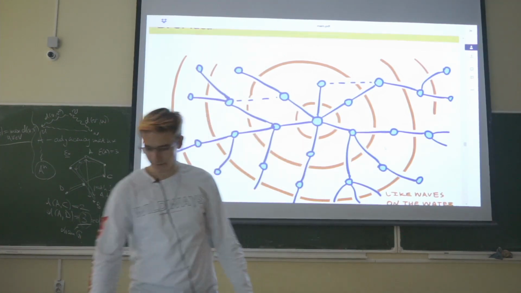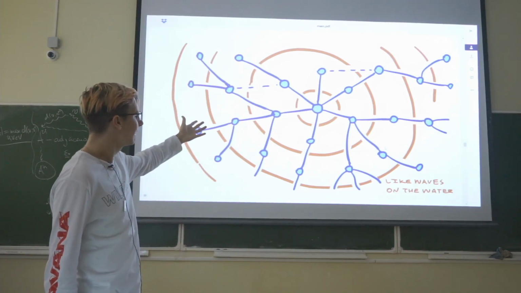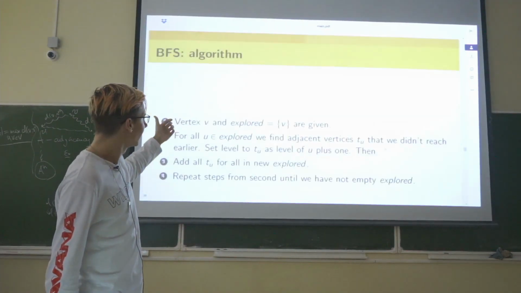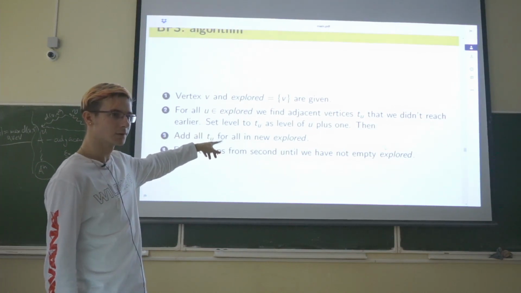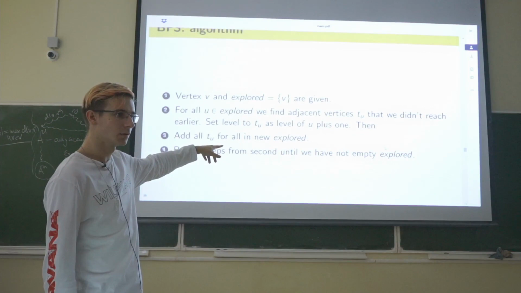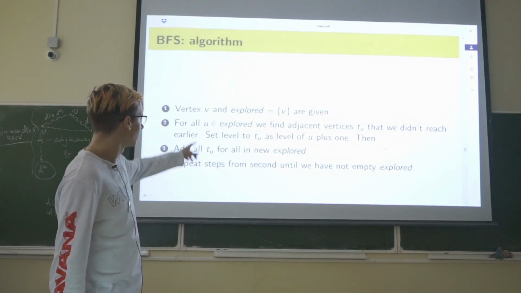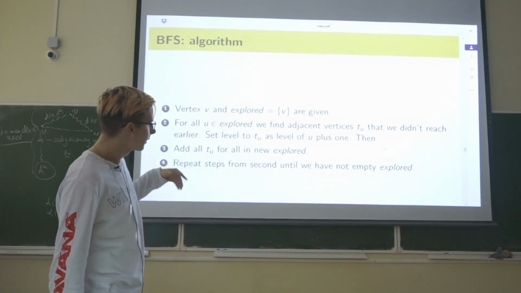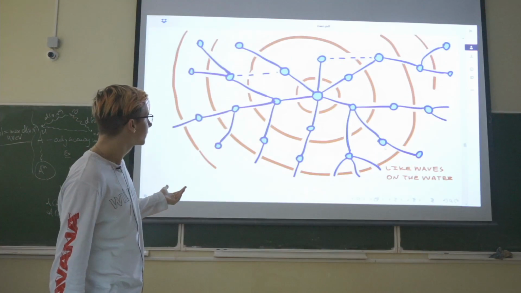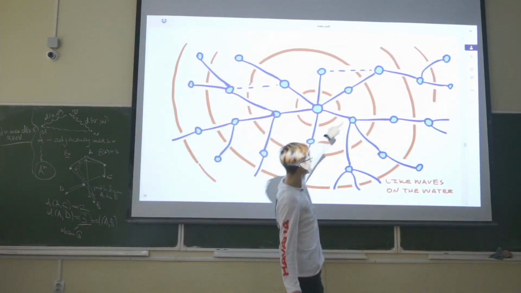Then we say that the distance to them is equal to 1 and add them into the explore array, and pop out vertex V. Then we repeat this operation for these vertices, for example for this vertex.